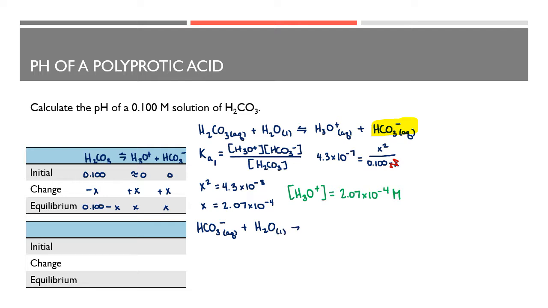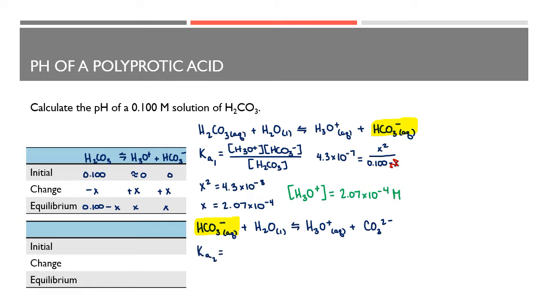It was the product in our first reaction, and now it's the reactant in our second step, or second reaction. And that's with water producing hydronium and then the carbonate anion, so CO3 2-. So that HCO3- was the product in our first step and the reactant in our second step.